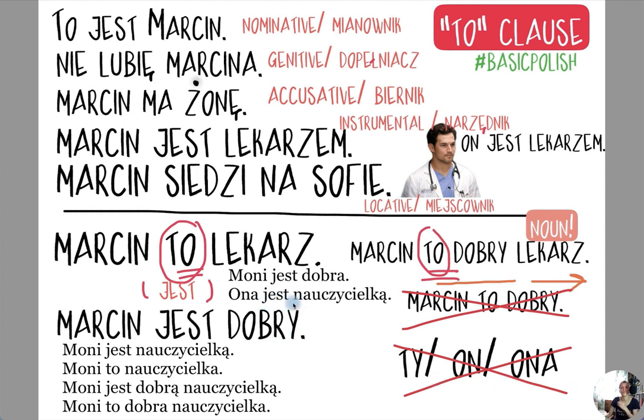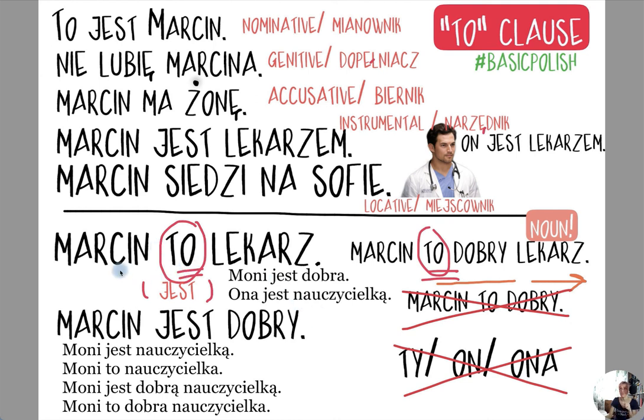You cannot use the to clause. So in other words, if you look at your course book, if you look at something that had to, I guarantee there is a noun in the sentence in your course book.